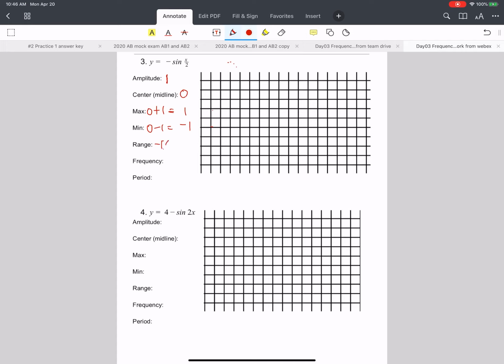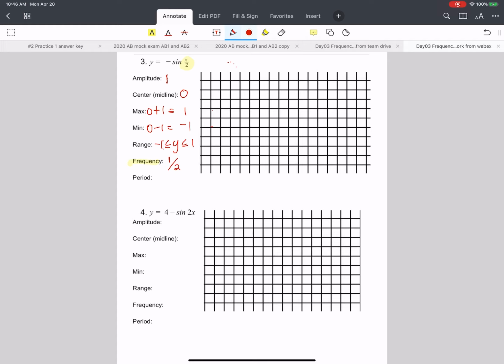Your range, and your frequency is going to be the number in front of the angle. So I'm looking at this right here to get my frequency. I don't want to say x over 2, I say 1 over 2.